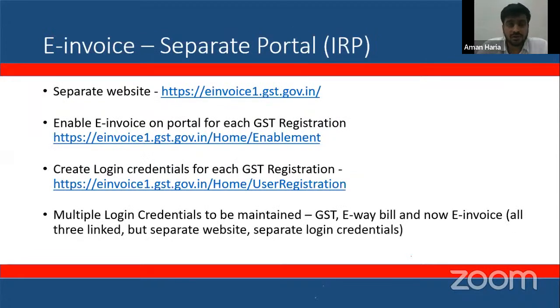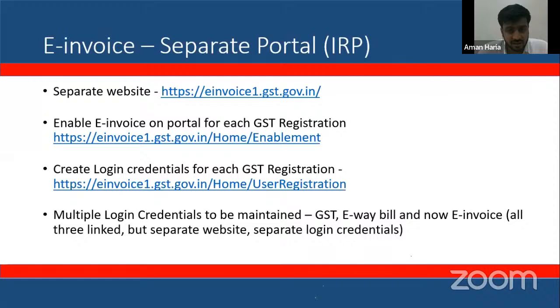Moving forward, as I have been discussing this IRP and IRN, the government websites we will be dealing with are, first, the original one which we use for our returns, which is basically your GST returns website. The second one is for the e-way bill, and the third one, which is now introduced, is the e-invoice website.